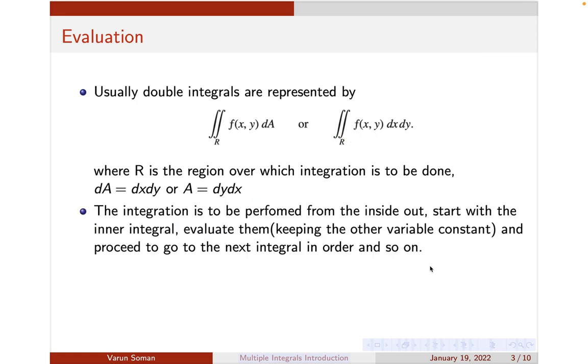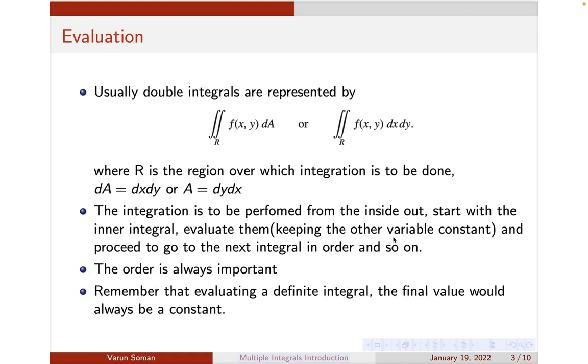Let us try to do some problems here. As I told you, the integration is to be performed from inside out. So we'll start with the inner integral, evaluate it keeping the other variable constant, and proceed to the next integral in order and so on. The order is always very important. And remember one thing: in all the problems we will be given a definite integral only. So the final value of a definite integral will always be a constant.